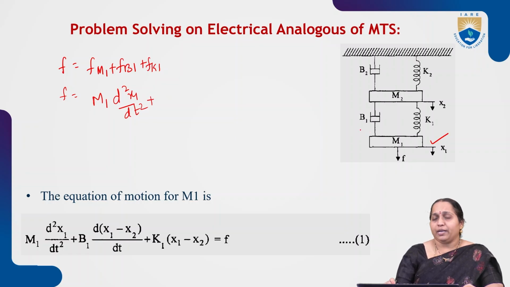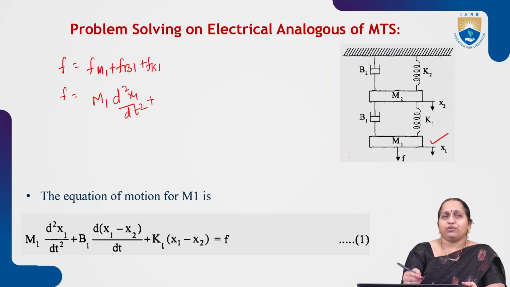Since it is present in between both the elements m1 and m2, the opposing force due to the dashpot is written as b into velocity, so b1 into d by dt, and coming to displacement, here it is taken as x1 minus x2.